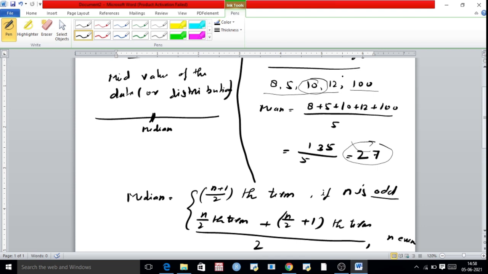If we see the first four as one group, 27 is not representing this group, and it is not representing 100. Whereas the median is 10, so the median is representing this set of group. The median is a better measure than the mean or average. That's why we need the median.